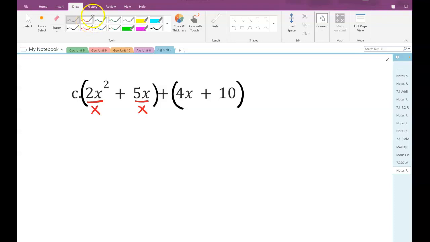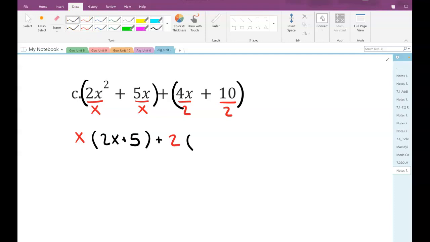And then in our second parentheses, our greatest common factor between 4x and 10 is 2. So you write x, parentheses, 2x plus 5, plus, then our other GCF out in front, 2.